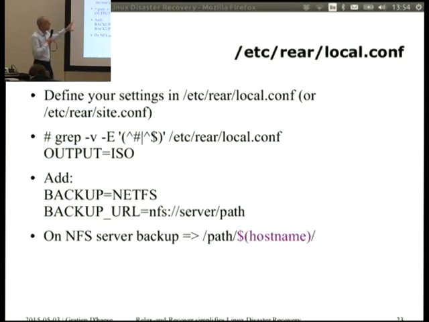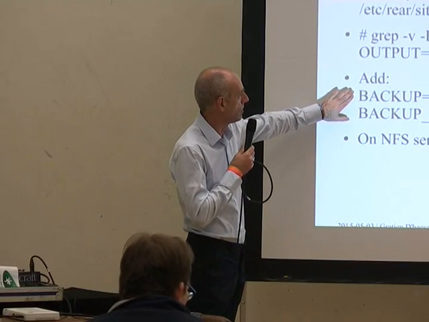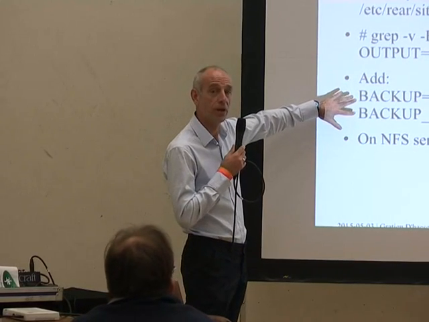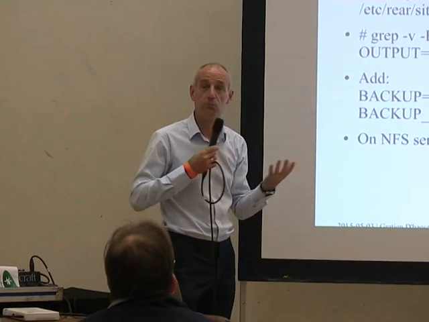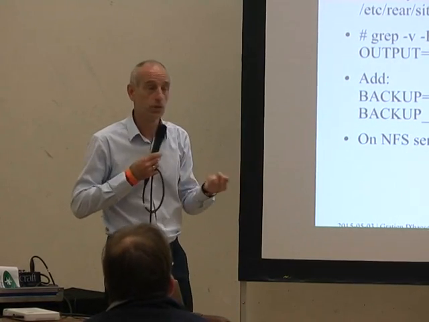The local configuration file is at least one configuration file that you need to define. It's local.conf or site.conf. You have the choice, in fact. And by default, output is already ISO. But if you do not define an output URL, it will just be stored on the system itself under /var/lib/rear/output. Therefore, it's always handy to define at least two variables. The backup, which kind of backup do you want, an internal one or an external one?